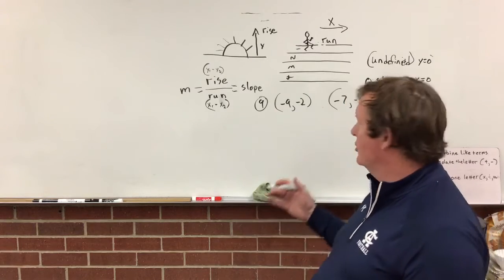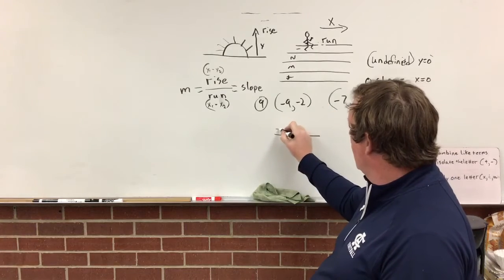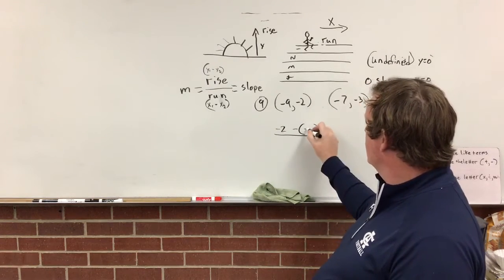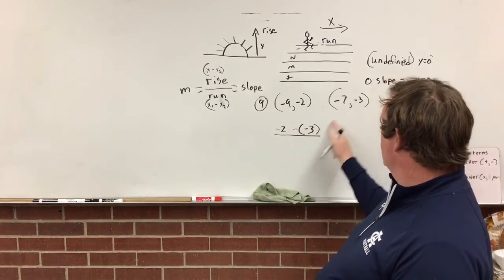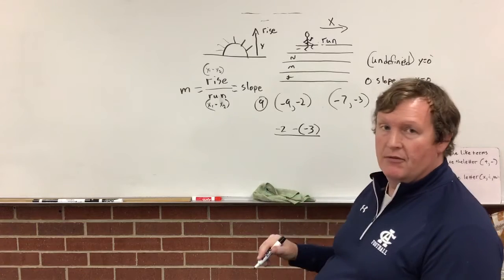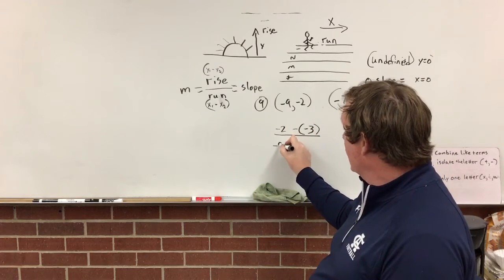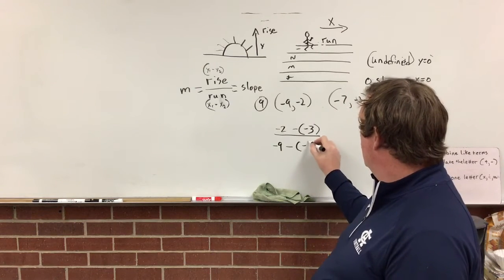Let me show you what I'm talking about. Remember, y goes up on top, so I'm going to take -2 minus, and then parentheses, -3. Okay? Don't forget to bring the negative down and then put a negative sign in front. Then I'm going to go back to the one I started with, and x goes on the bottom, -5 minus a -7.